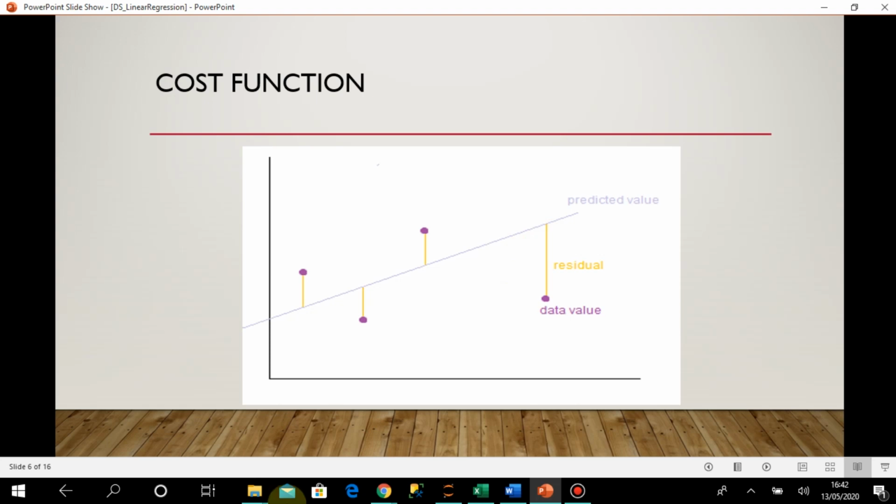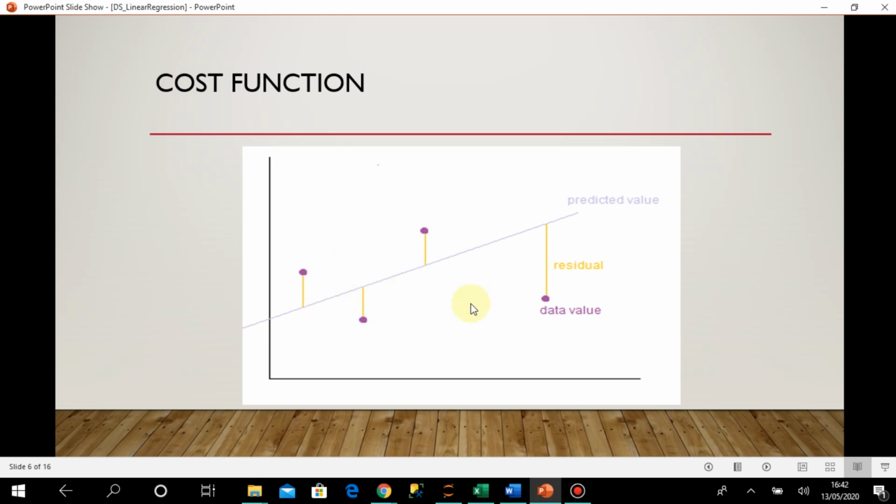But the problem is that if I calculate the distance, this one will be on the positive side and this distance is on the negative side, so the outcome may come out as a negative value. If I just sum all these 4 points, some will cancel out. Maybe this length is 4, this length is 4, and if the other is minus 4, then it is actually 4 plus 4 minus 4. So it will come as 4, which is not correct. I have to calculate the entire distance.